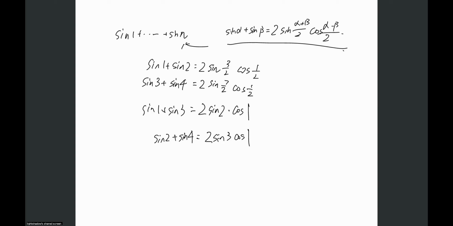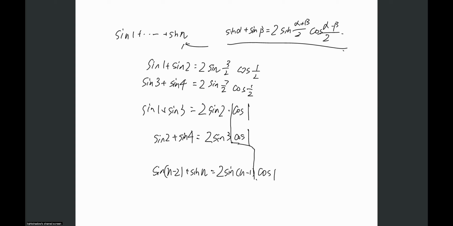So it's something like sine n minus 2 plus sine n equals 2 sine n minus 1 cosine 1, because I may try to use this invariant part, cosine 1.